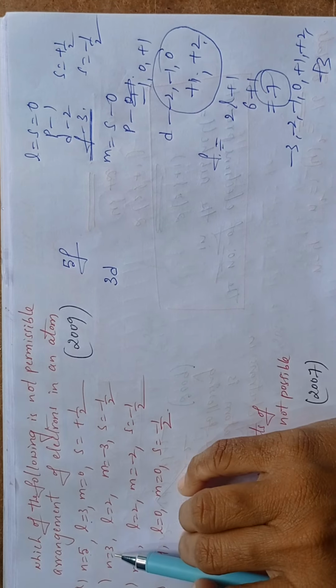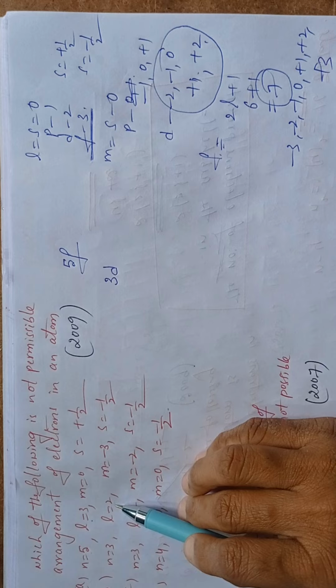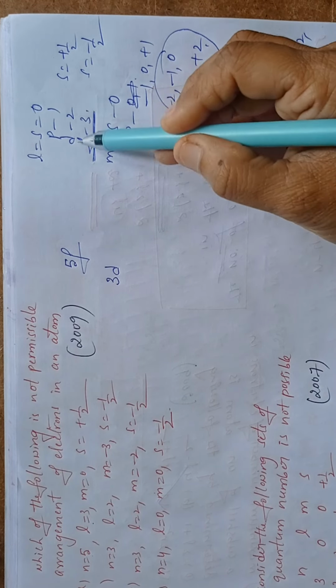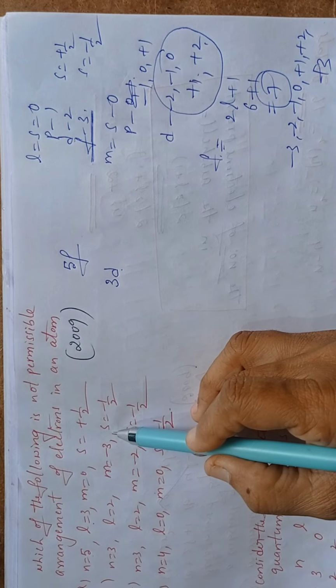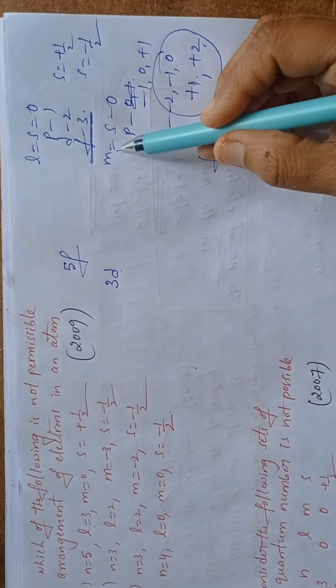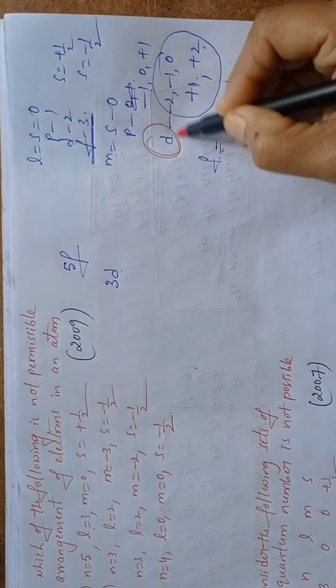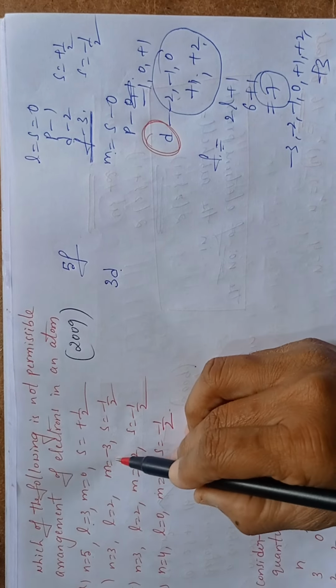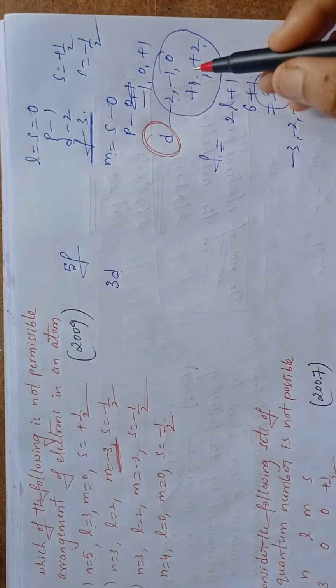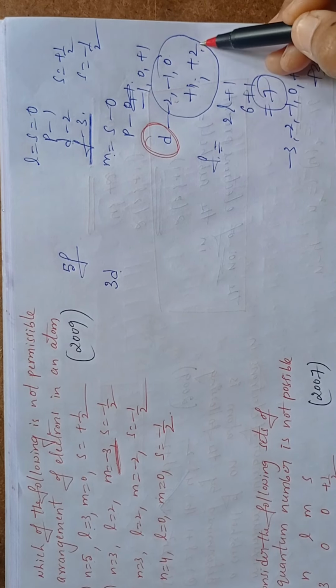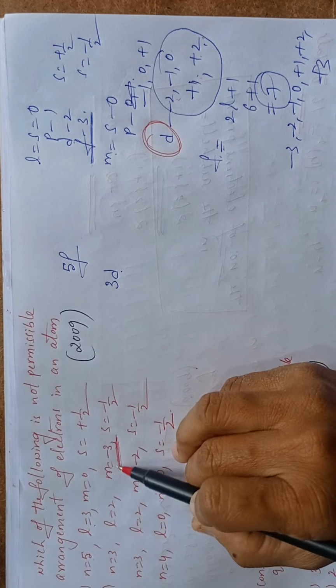Now see the second option: n equal to 3, third shell, L equal to 2. L equal to 2 is nothing but D subshell. M equal to -3. Now see, this is the D subshell, students. In D subshell, M value -3 is given. There is -2, -1, 0, +1, +2, but -3 is given in the question.